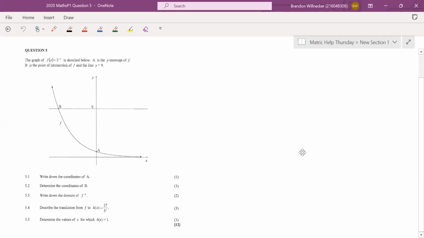Write down the coordinates of A. We see that A is along the y-axis, so we call it a y-intercept. Whenever we're dealing with the y-intercept, we need to let x be 0. So we take our function f and evaluate it at 0.